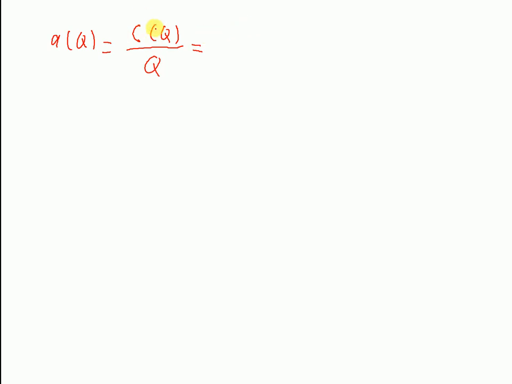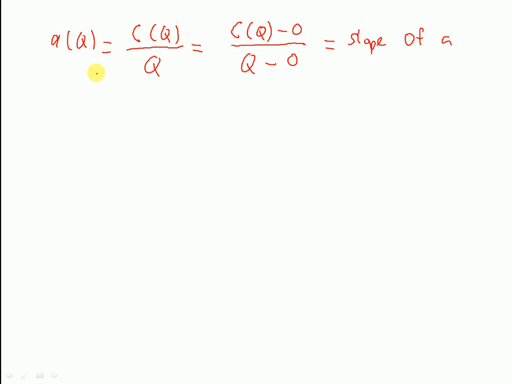And we can rewrite this as C(Q) minus 0 over Q minus 0. This is the same thing, nothing is changing. So we can visualize the average cost as the slope of a line from the origin to the point Q and C(Q).